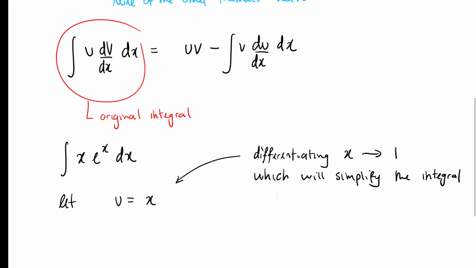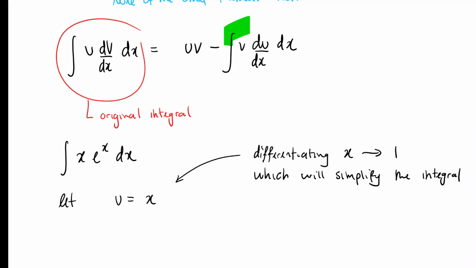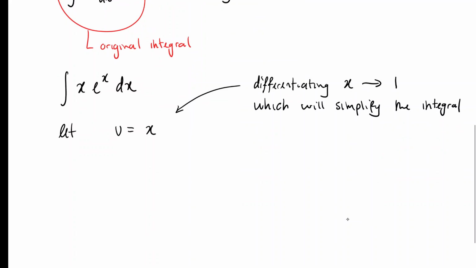In this case, by the integral, I'm referring to this here, which has, as you can see, du dx inside it. So that will become very simple. It's almost like we won't have to write du dx because it's just 1. Should lay out the other parts. So the other part of the integral would have to be dv dx, and that's e to the power of x.